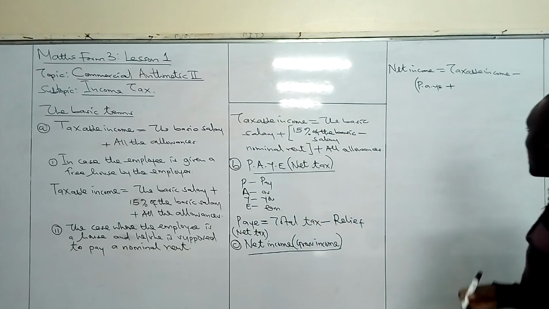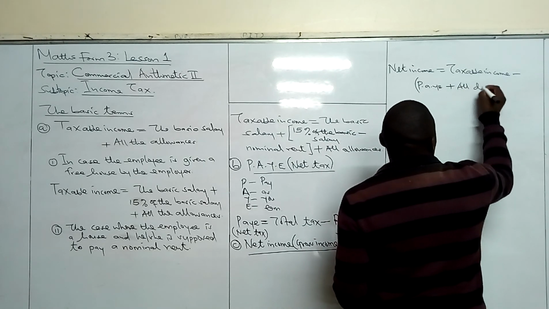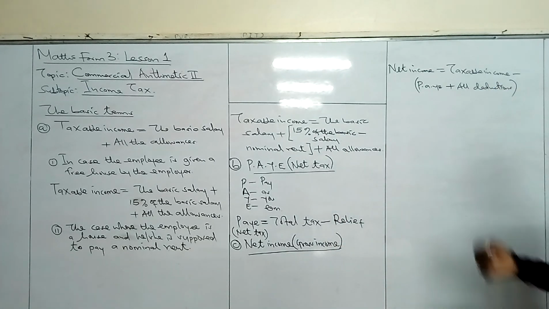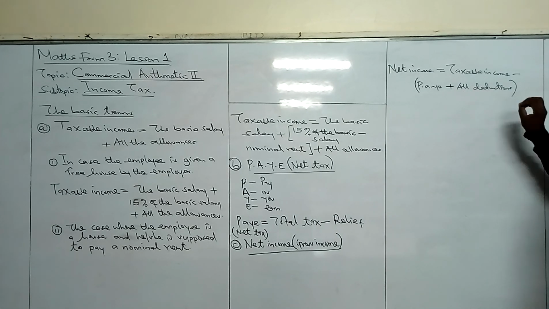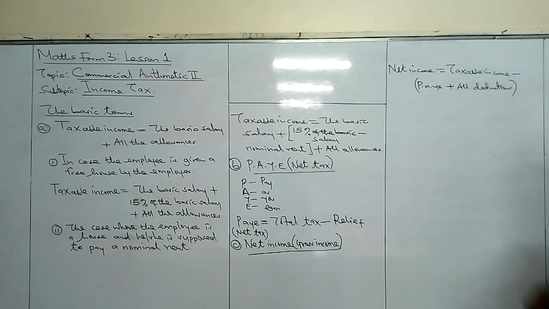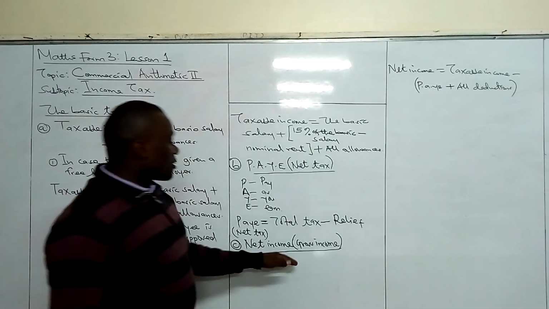When we have added any particular deductions that you might have, so if there are deductions in your sum, ensure that you add all the deductions to the PAYE, then now you remove them from taxable income. You will obtain net income.